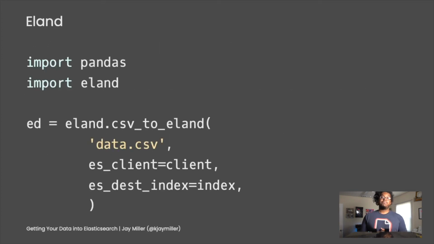Or if a lot of mutation isn't really necessary, I can skip the pandas space completely and just do CSV to Eland. It's that simple, and if you're familiar with pandas, I would recommend taking a look at it.